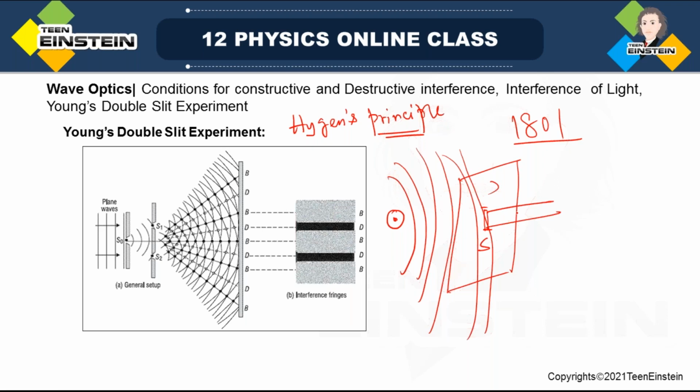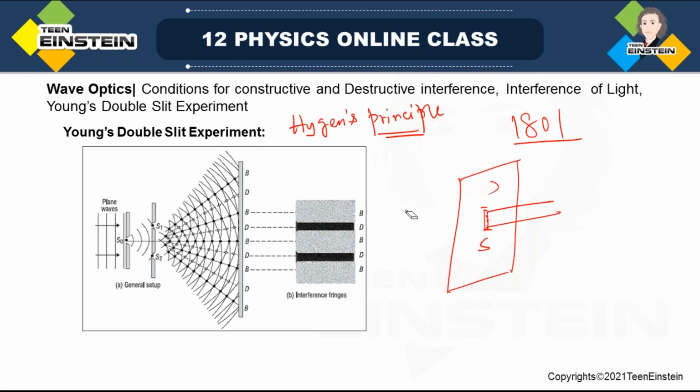So part of it will be illuminated, and each point of that slit will be acting as a source of secondary waves. See what I'm trying to say. What is called a slit, you have to learn first, then we'll discuss what is called the double slit experiment.